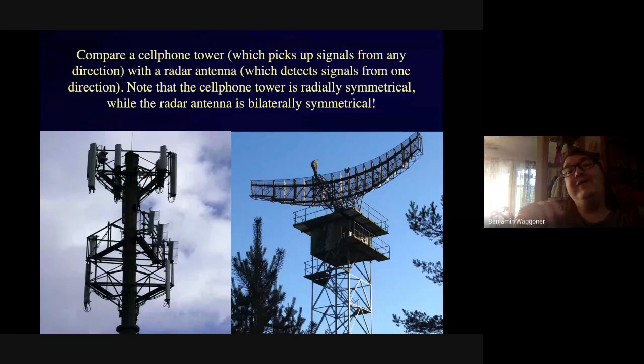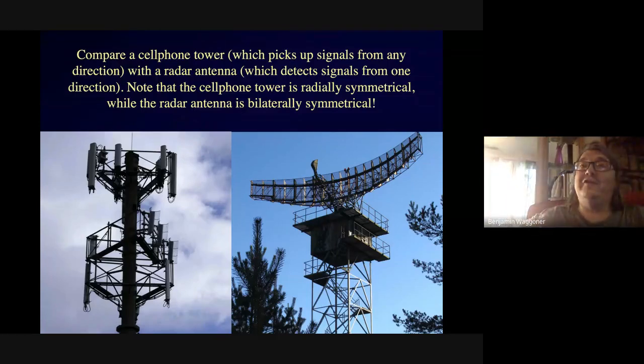So again, if things are coming from your environment primarily from one direction, it's advantageous to be bilateral and to put all of your sense organs and responses out in front to meet that signal. Whereas if things are coming from any direction, it's advantageous to be radially symmetrical.